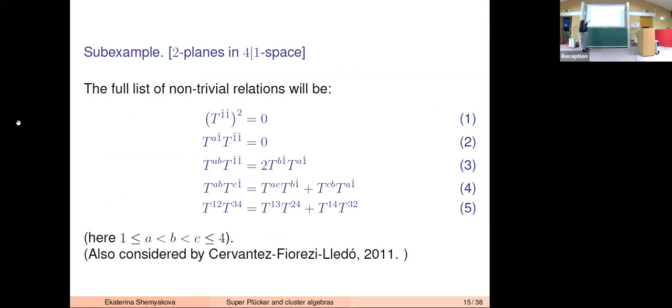Remember that with odd elements, two odd ones give you even. So you have an even nilpotent in the first one, then this one. This particular example of 2-planes in 4|1 space was considered by Cervantes, Rita Ferreira, and Toledo, who are physicists, in a physics paper.